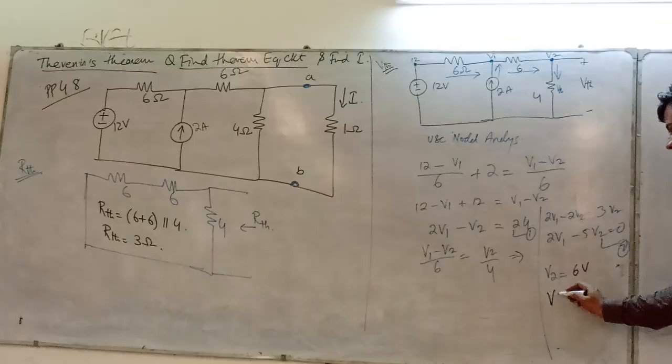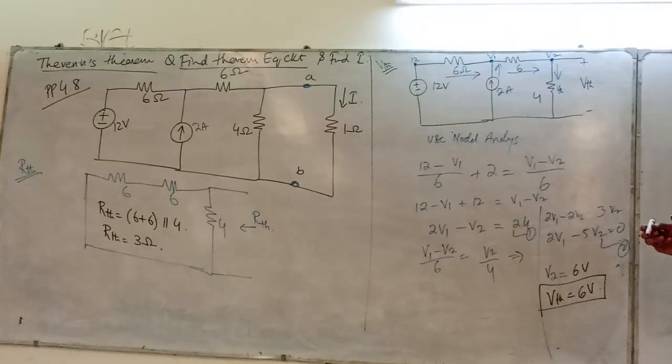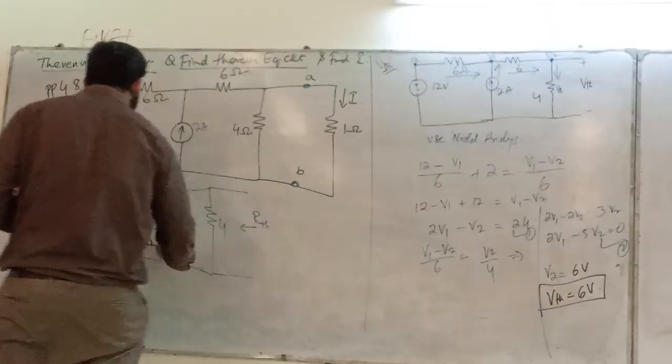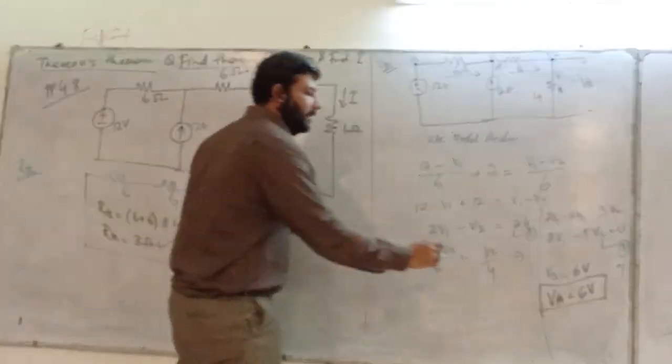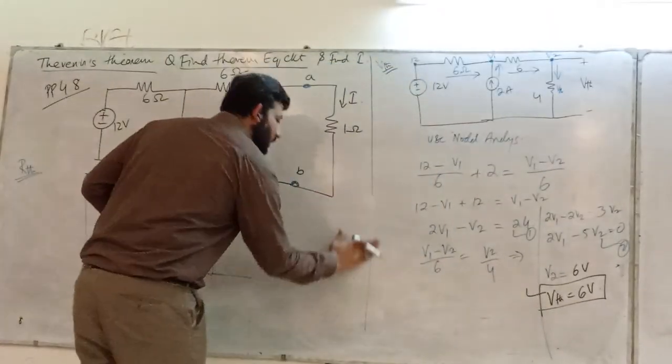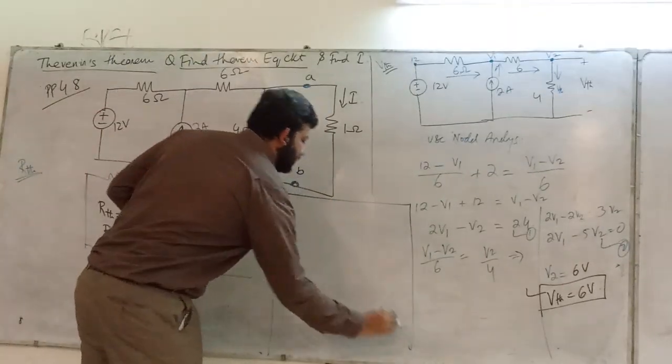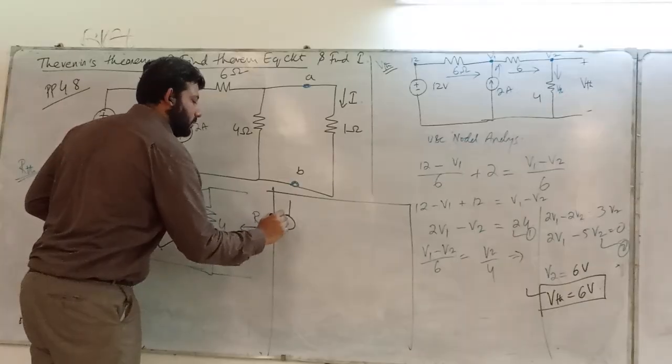So you write V Thevenin is equal to 6. Okay. Now, what you have find? You have find V Thevenin. You have also calculated R Thevenin. Now, let's draw the equivalent circuit.